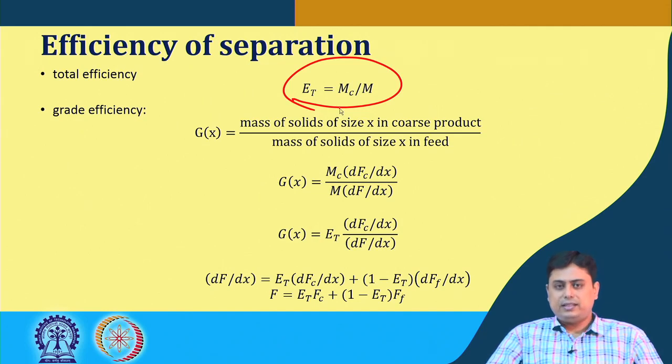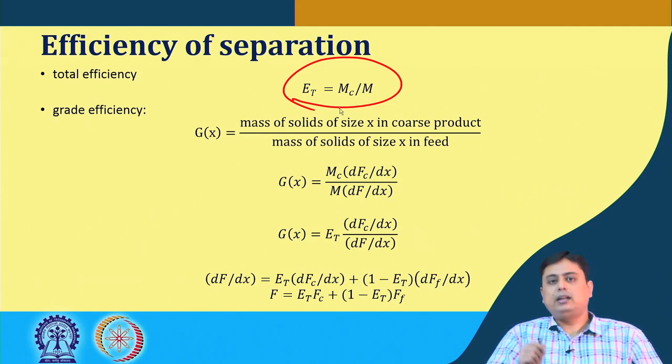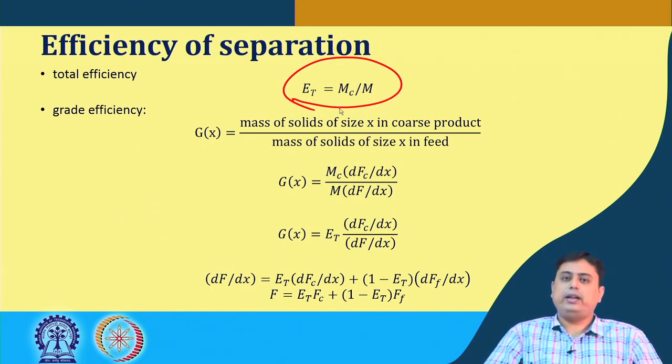So, the grade efficiency is that certain grade that you want to achieve for a particular size of the particle in the size range. That is why it is explicitly mentioned as the mass of solids of size, or certain grade x, here the grade is written in terms of size, in the coarse product, and the mass of solids of size x in the feed.